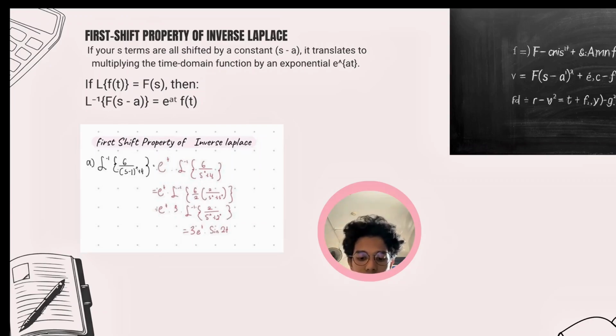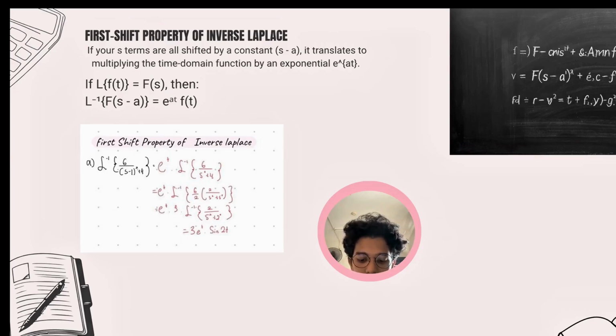Now we focus on the inverse Laplace of 6 over s² plus 4. The denominator is s² plus 2², which points us toward the standard sine transform formula. However, the standard sine form requires the numerator to be 2, so to balance it without changing the value of our expression, we can multiply and divide by 2 inside the operator.